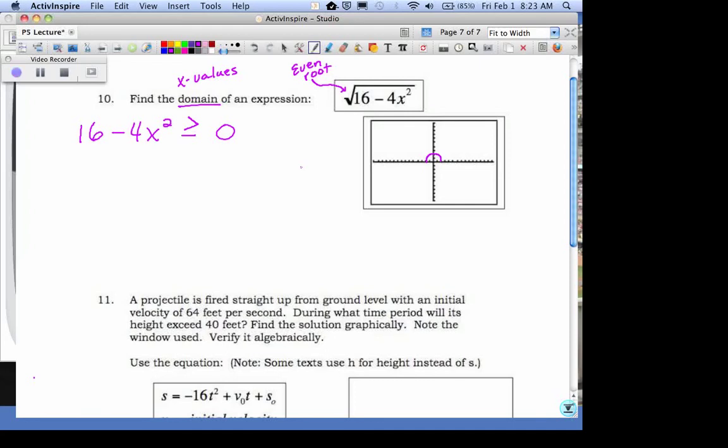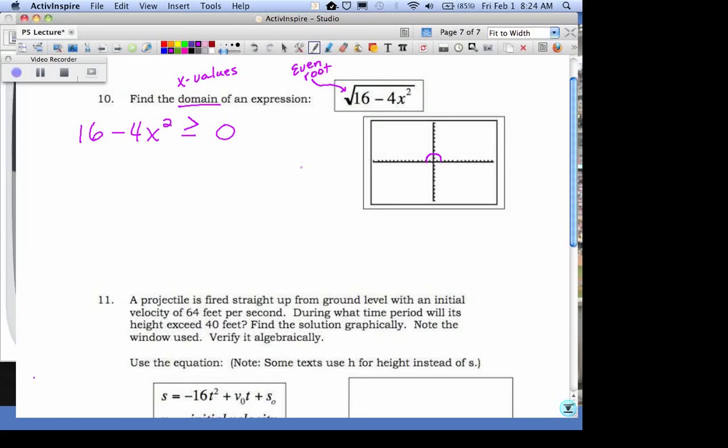So if that number is a 2, which we typically will not write, or a 4, or a 6, or an 8, or a 10, we're dealing with what's called an even root. You start the problem like this. You set it greater than or equal to 0. If that number is odd, like a cube root or a fifth root, it doesn't matter. It's all reals. Even roots, you have to be careful. Odd roots can be anything.